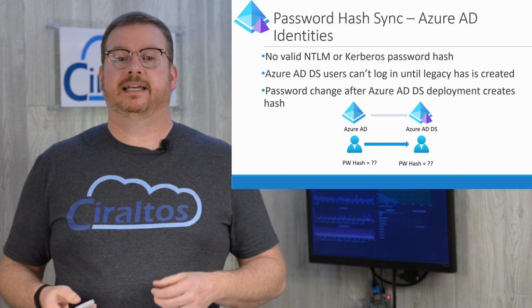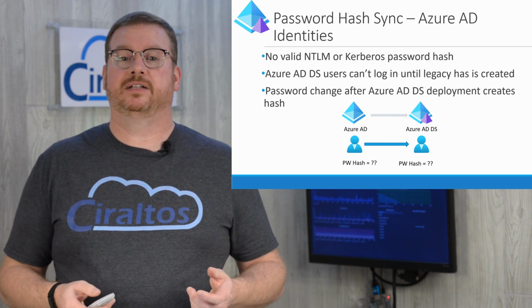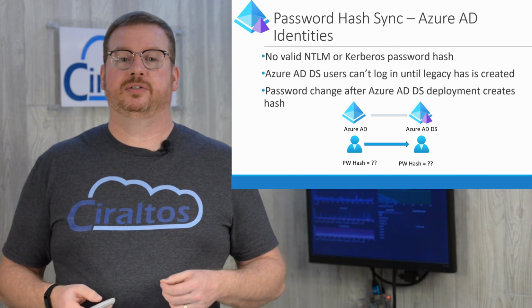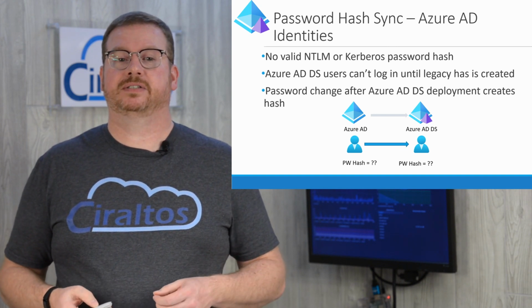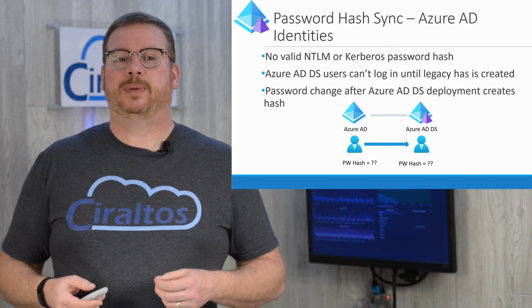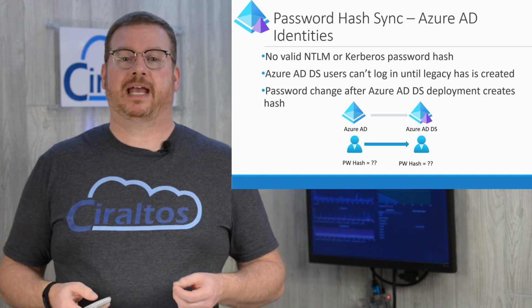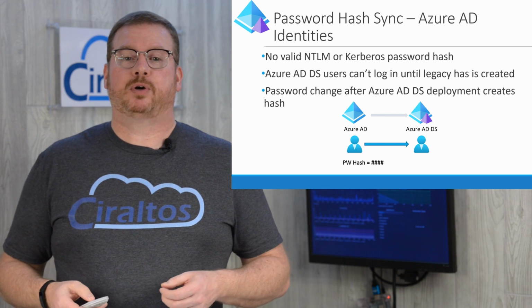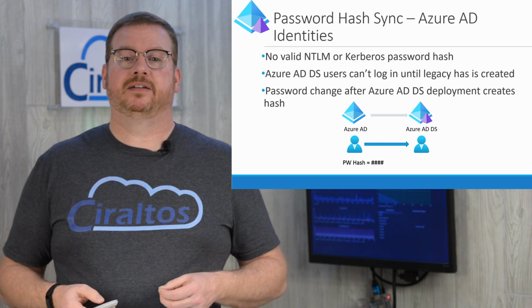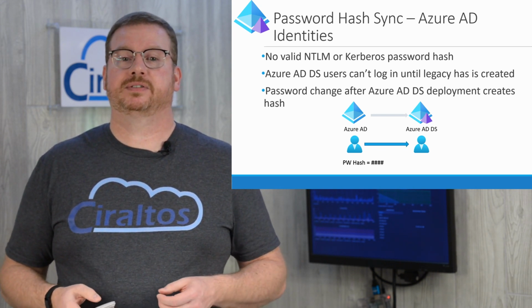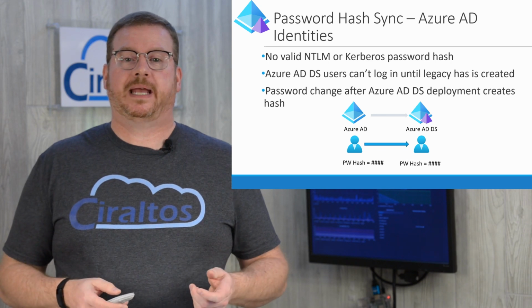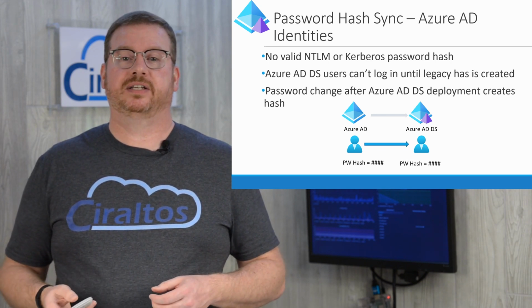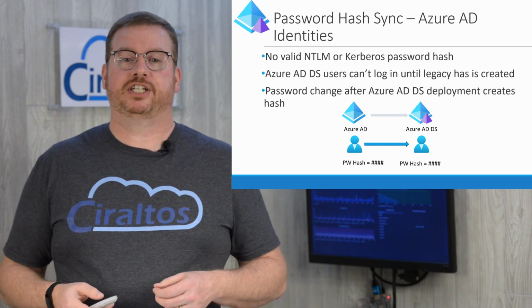So by default, the identities don't have a password value to allow users to log into Azure AD Domain Services. The only way to generate a valid password hash is to change the user password after deploying Azure AD Domain Services. That process creates the hash value needed for Azure AD Domain Services. Users will need to change the password, or passwords can be set to expire, forcing a password change.